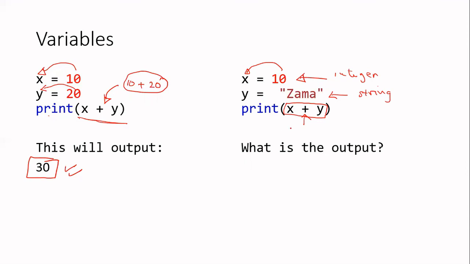Well, x is 10, y is Zama. Because it's attempting to do a calculation, this is going to result in an error. It's not going to be able to evaluate x plus y because x and y are of two different data types. It cannot add an integer and a string together. So that will result in an error. Be very careful when you're doing something like this.